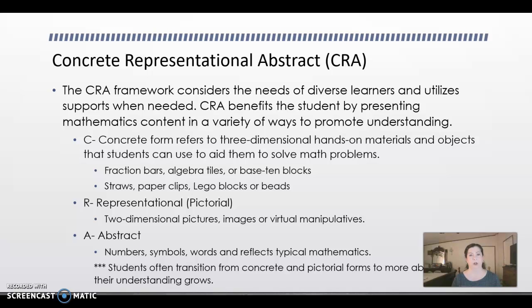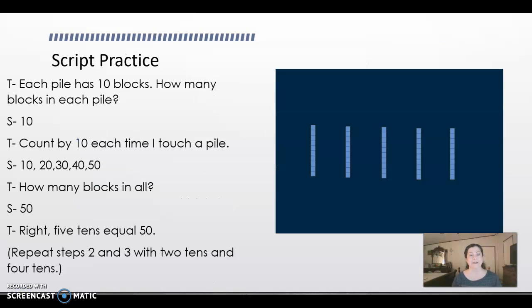I've worked a lot with manipulatives with my kids and with kids in the classroom, so I was glad and happy to learn more about the CRA framework. I was trying to come up with a way to work it all together for this script practice part of the summary for this module.